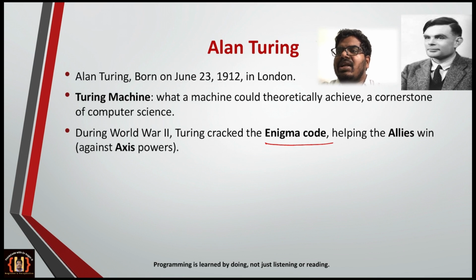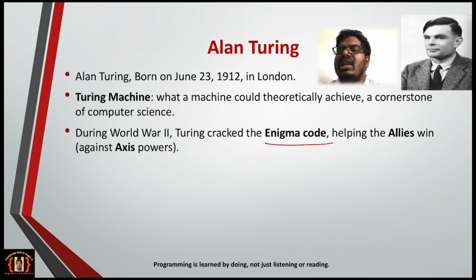To give more detail, in World War II there were two powers. One we call the Allied powers, under which countries like the UK and the United States of America were part. And when it comes to the Axis powers, Germany, Japan, and other countries formed the Axis powers.